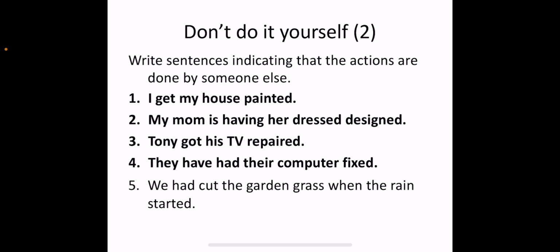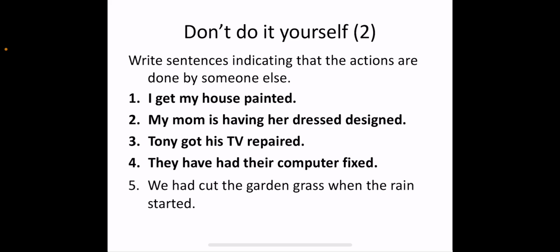Number four, if we convert this one, it is not me, but another person. So I say they have had, because the original is present perfect. So I need to use present perfect, and I need to put had in the form of present perfect. So they have had their computer fixed. And the last one is past perfect. We had cut.